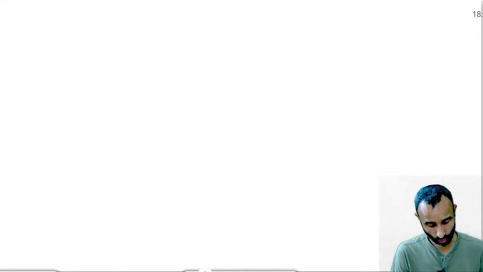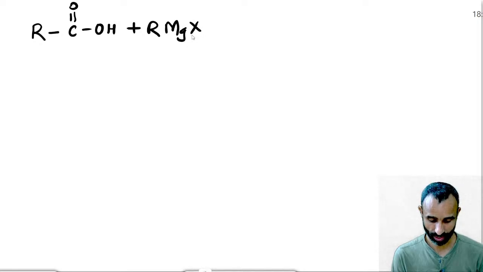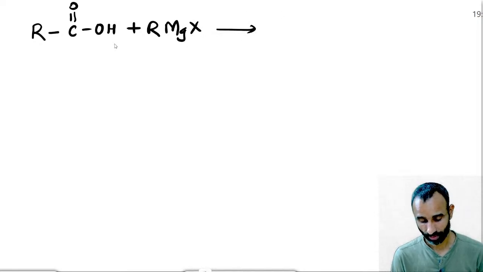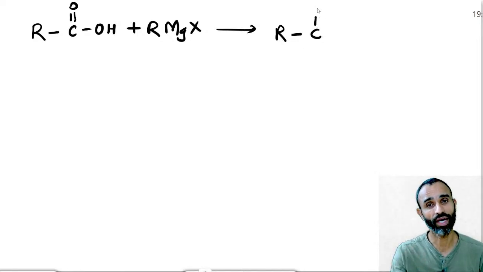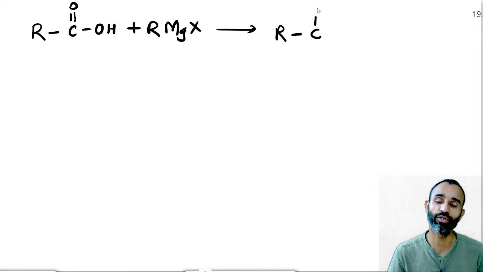Then come to carboxylic acid, which will react with Grignard reagent in this way. First they give aldehyde, and the aldehyde further reacts with RMgX.